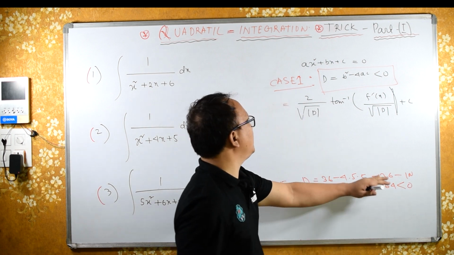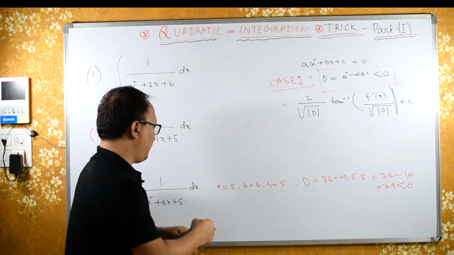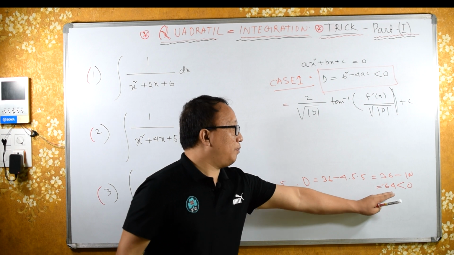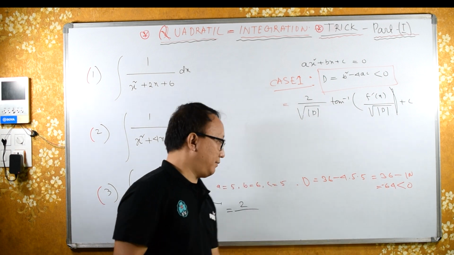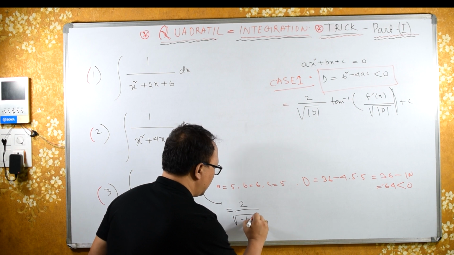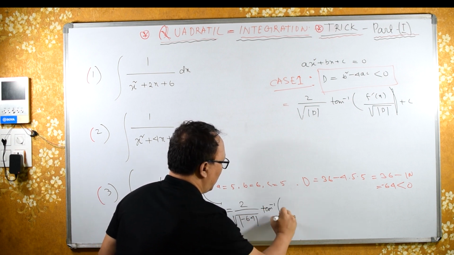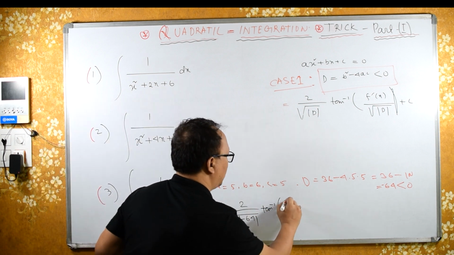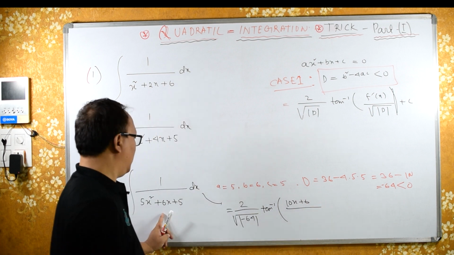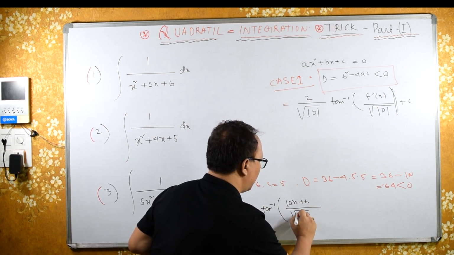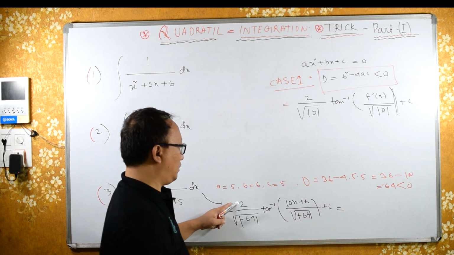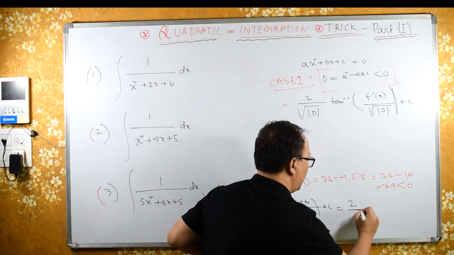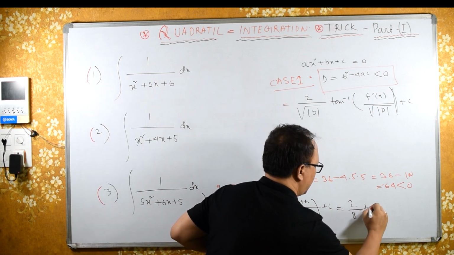Since this is less than 0, we can apply this formula. By applying this formula, it equals 2 upon square root of mod of this. Mod of 64 is 64 itself, square root of 64 is 8. So tan inverse of the differentiation of this, 10x plus 6, upon square root of mod of 64, plus c, equals 2 upon 8 tan inverse.